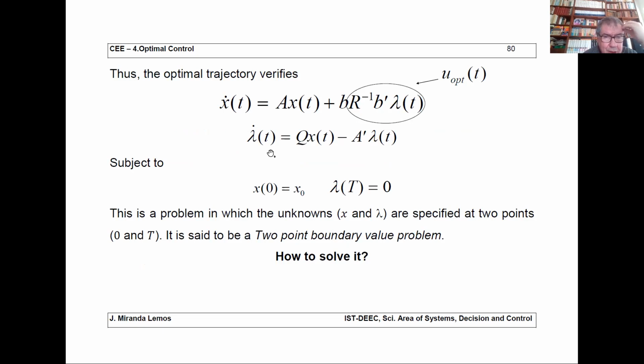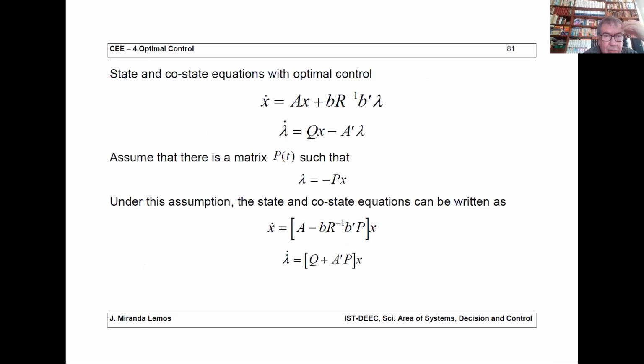And then I have also my state equation. Now, I will admit that lambda is minus Px. So I can get rid of lambda here and express everything in x.